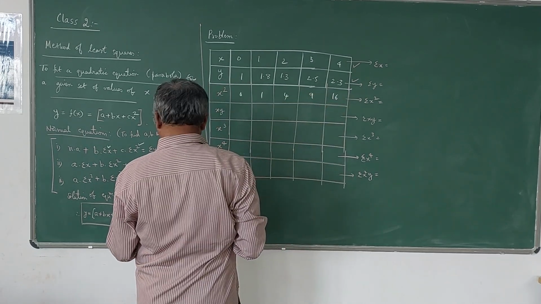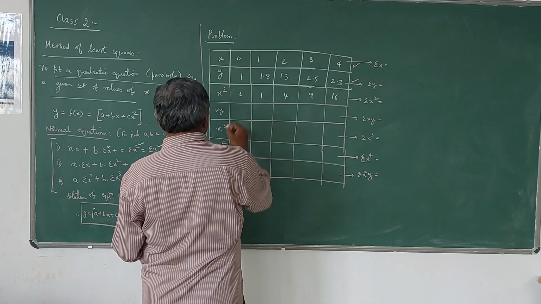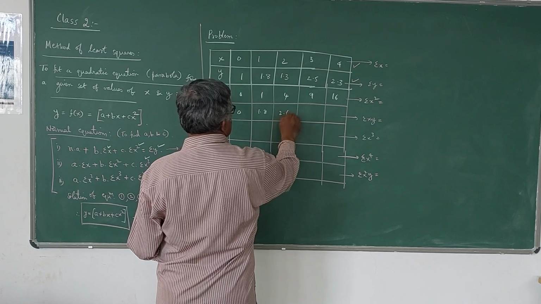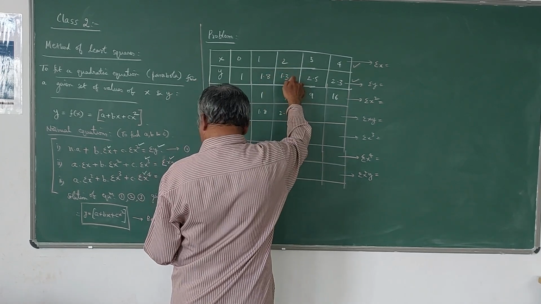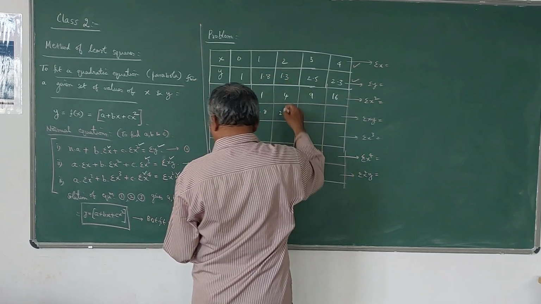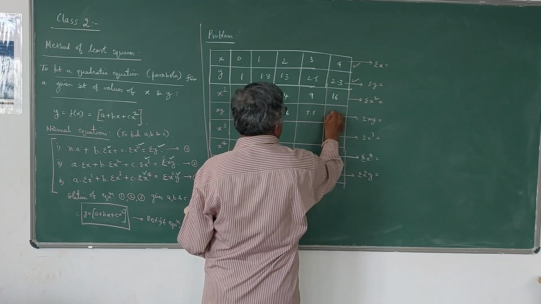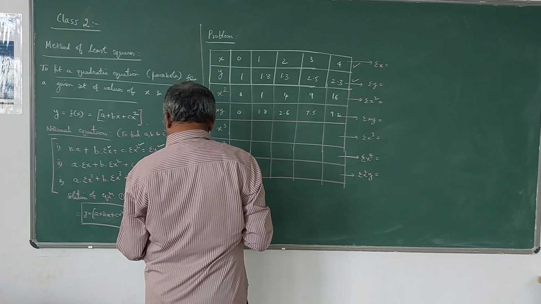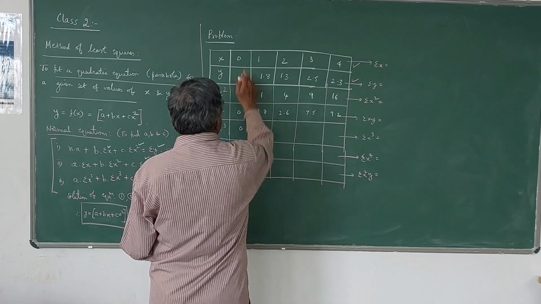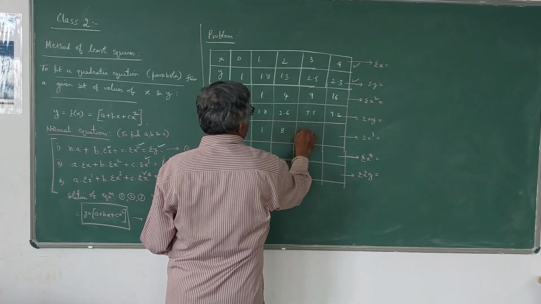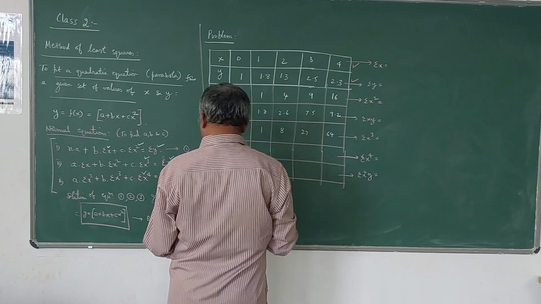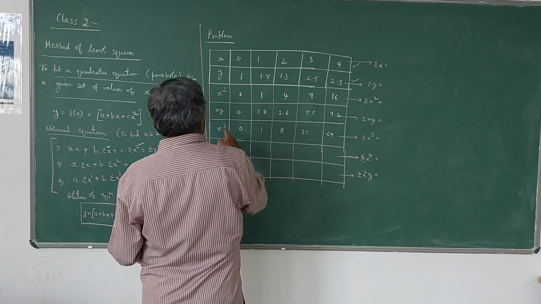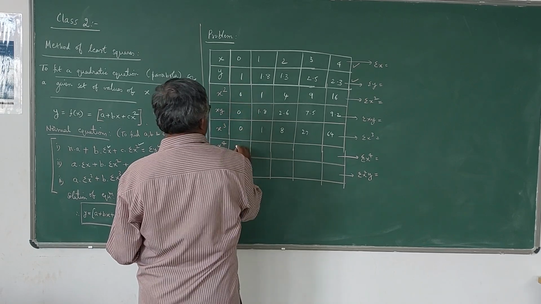Then you have x into y: 0, 1.8, 2.6, so this into this, then 7.5, 9.2. Then you have x cube terms: 0, 1, 8, so we have to cube all this, 27, 64. Then x power 4. So you have to square this x square, you get x power 4.